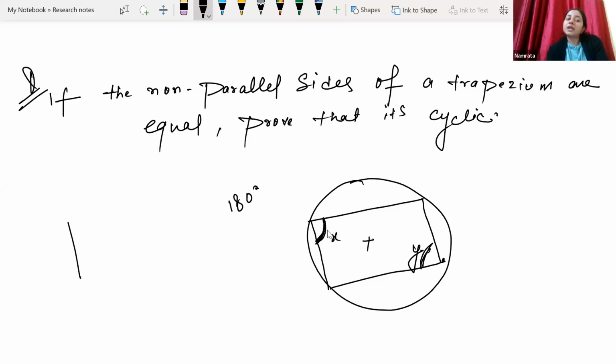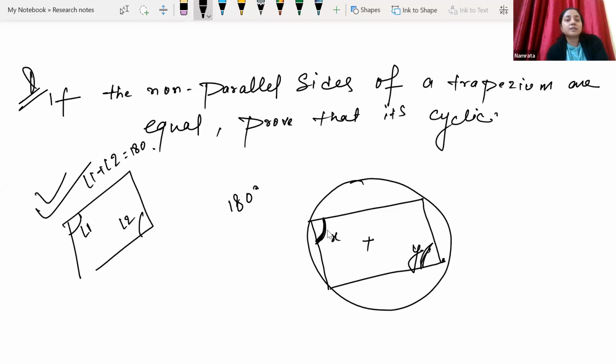So if we have any quadrilateral where the sum of opposite angles, angle 1 and angle 2, is 180 degrees, then we can say it's cyclic.